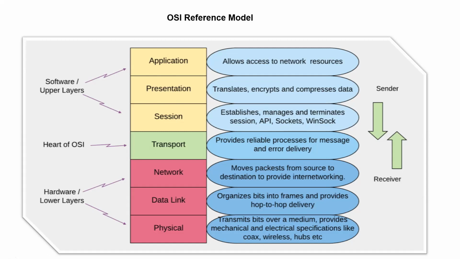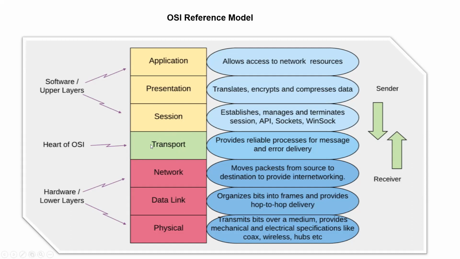Next is the heart of the OSI model, that is the transport layer, layer 4, which is very important. It is responsible for making a TCP connection to the web server. TCP stands for what?